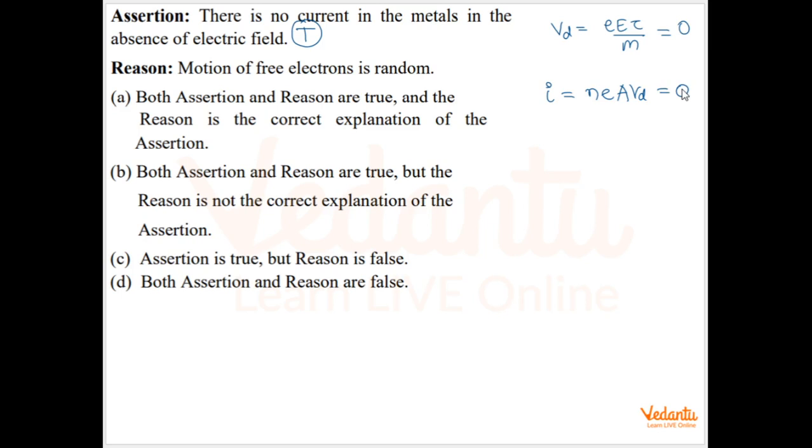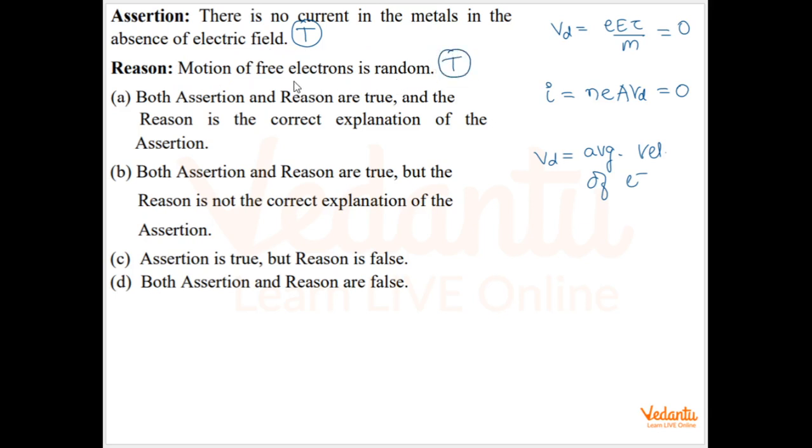Now in this case, what is Vd? Vd is the average velocity of all electrons. Now in the absence of electric field, all electrons will definitely go in all random directions because there is no electric field to direct them, and therefore the reason statement will also be true.